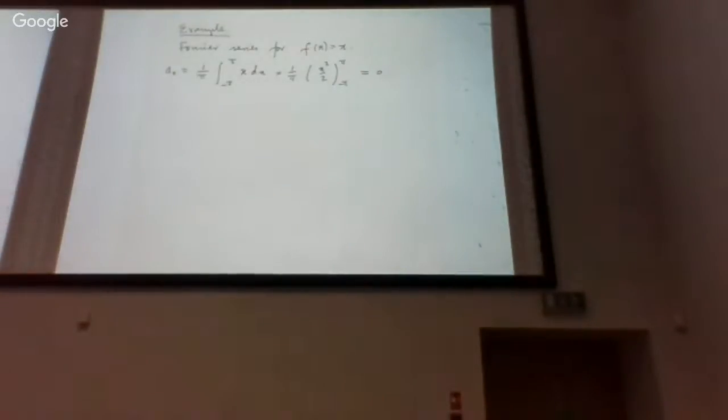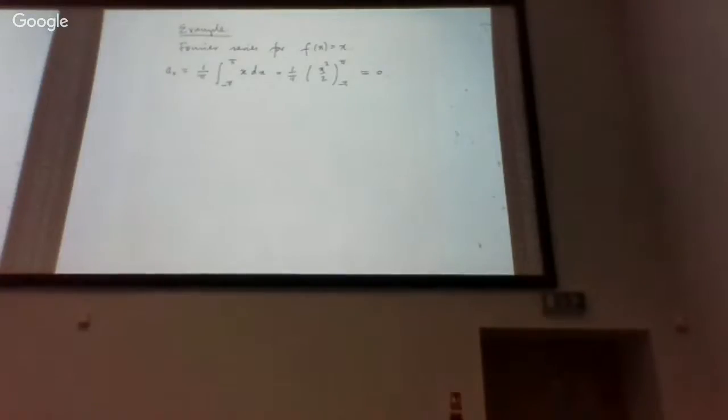So the constant term in this Fourier series is 0. That makes sense, doesn't it? What's the average behavior of x across the interval minus pi to pi? 0 is the average behavior.